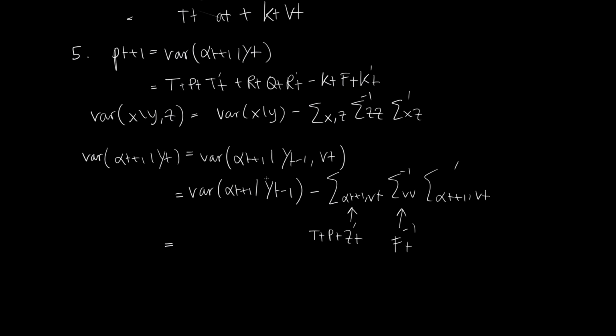If we now plug in the model here, we find the variance of T_t alpha_t plus R_t eta_t given Y_{t-1}, minus everything else.